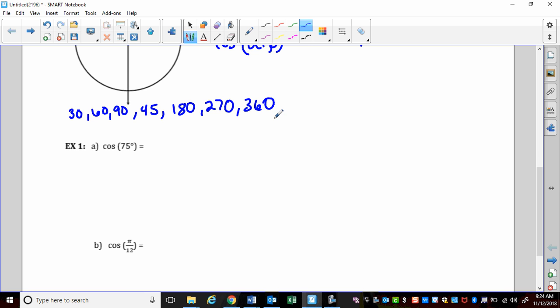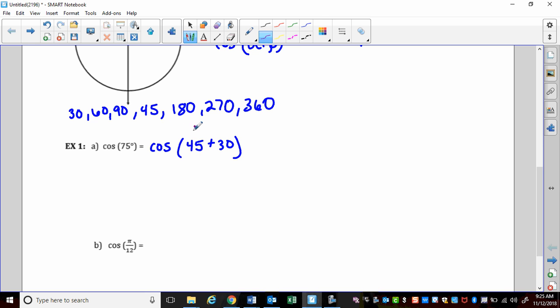We know cosine at any of these, but we don't know cosine at 75. What we can do is we say, oh, well, cosine of 75 can be cosine of maybe 45 plus 30. I know that whenever I'm ending in a 5, I'm going to use 45 plus one of the other ones because it's the only one that has a 5.